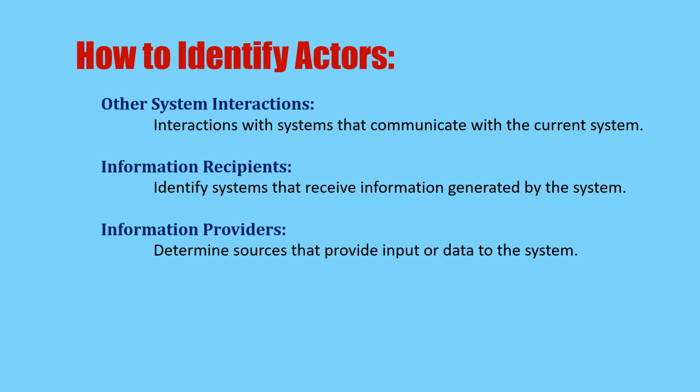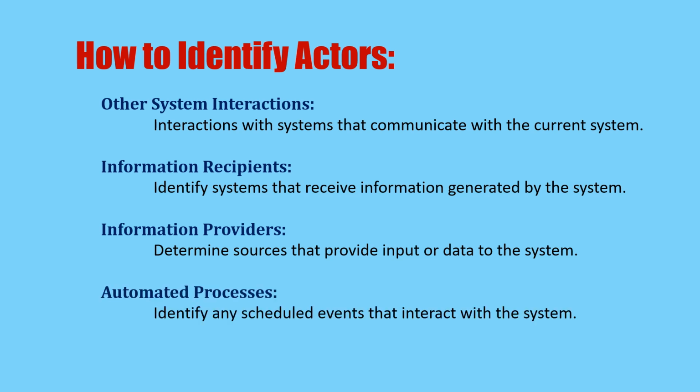Examples: data feeds from sensors, user input forms, or data imported from external sources. Automated processes: identify any automated processes or scheduled events that interact with the system. For example, batch processing jobs, system backups, or scheduled data exports.